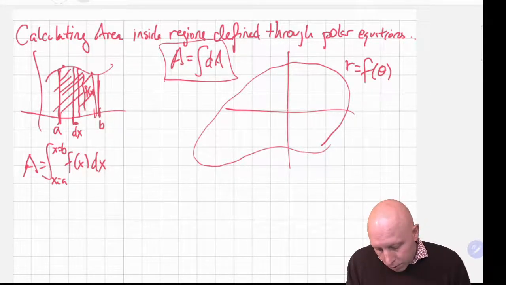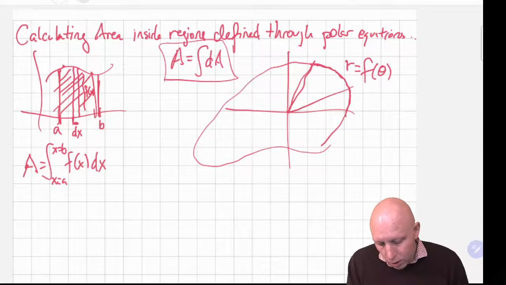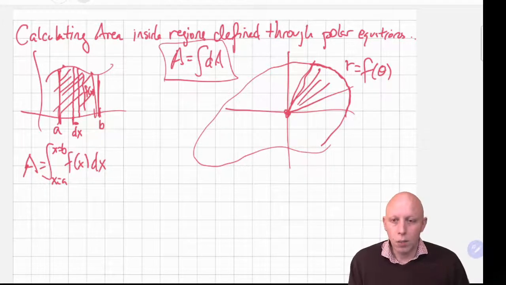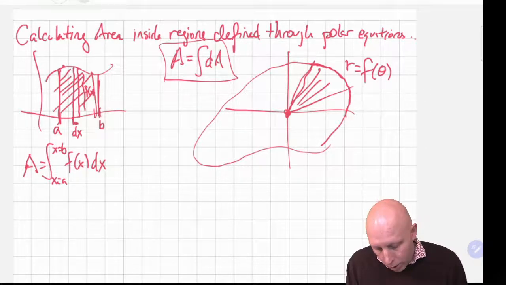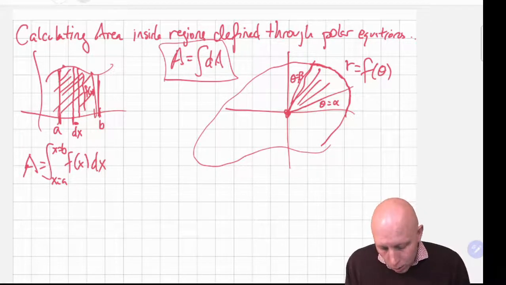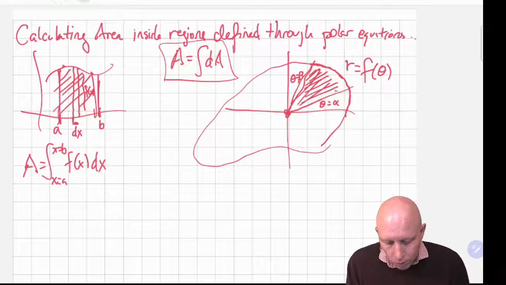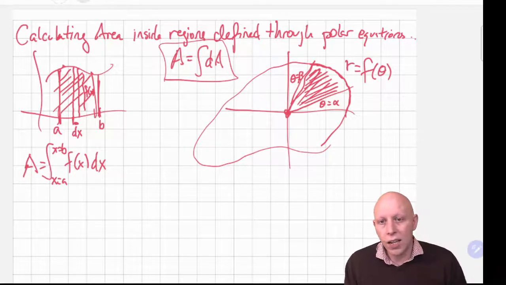Under the curve corresponds to being between the curve and the origin. So we've got this little slice here where we're going from theta equal to alpha to theta equal to beta. And what we'd like to do is come up with an equation for what the area is inside this region.